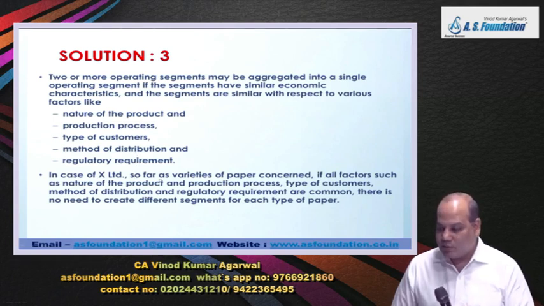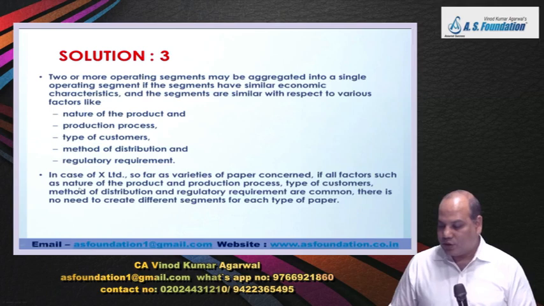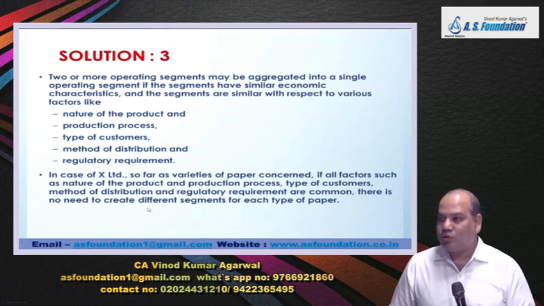In case of X Limited, so far as varieties of papers are concerned, if all factors such as nature of product, production process, type of customer, distribution method, regulatory requirement are common, there is no need to create different segments for each type of paper.